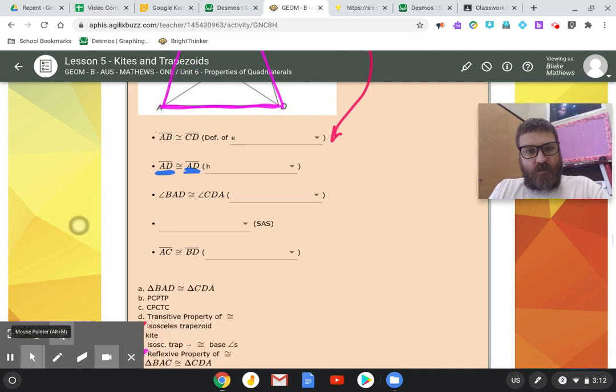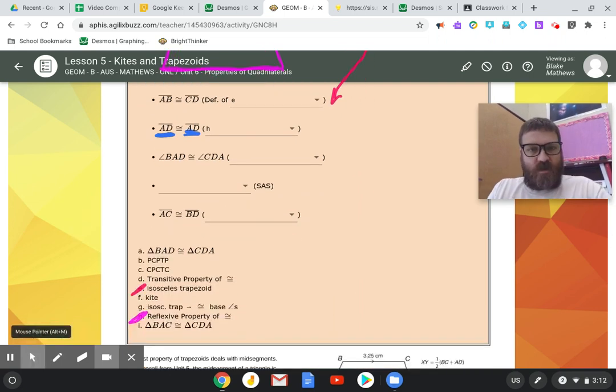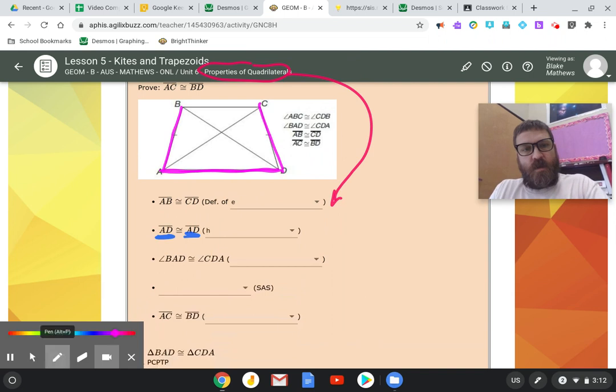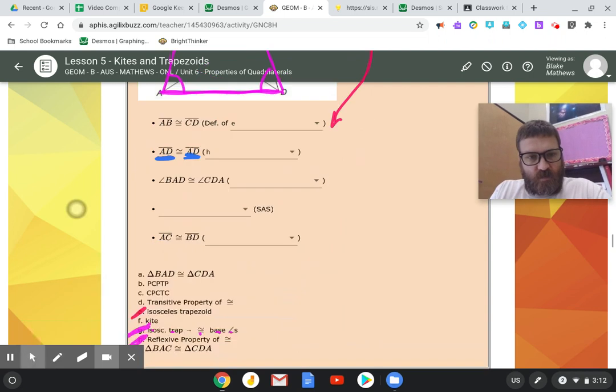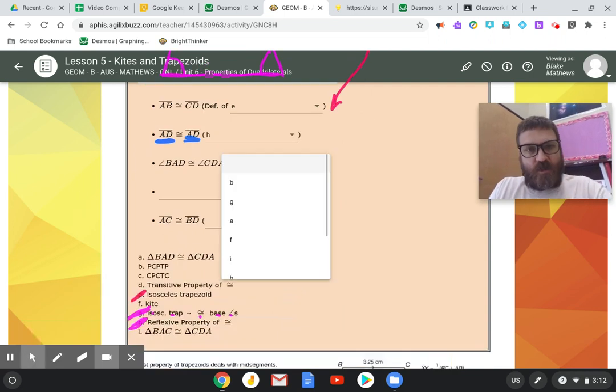Let's look at our different properties down here. We have some triangle stuff, CPCTC, transitive property, and there we go. Look, isosceles trapezoids have congruent base angles. That is a property that we learned. I just showed you that. So that's where that is coming from, because these are the two base angles. And so in isosceles trapezoids, that has to be congruent. So that was letter G.